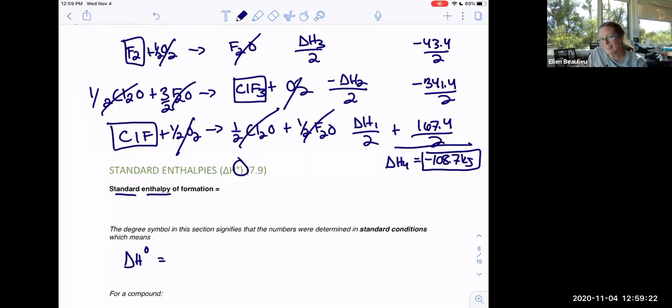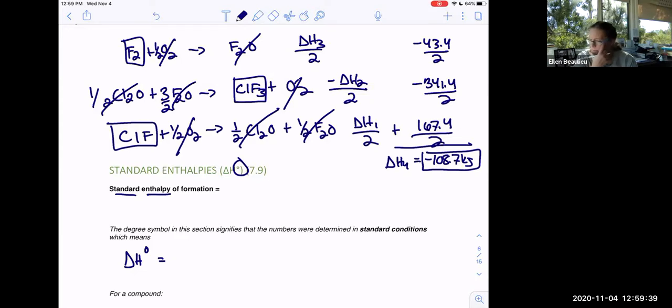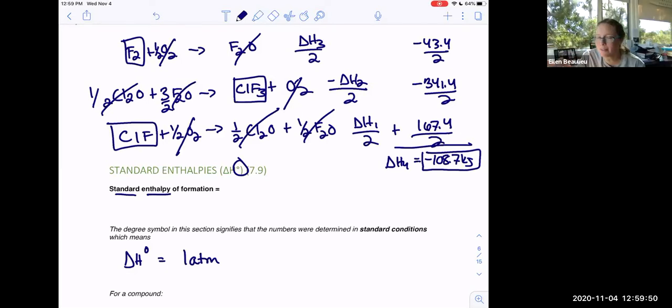So in gas land, standard temperature and pressure was what? 1 atmosphere, 273.15 Kelvin. Which is how many degrees Celsius? 0. So in gas land, standard temperature was 0 degrees. In thermochemistry land, it's room temperature.